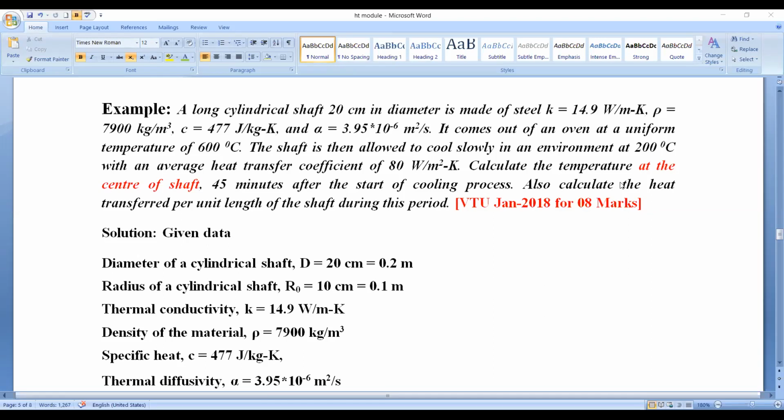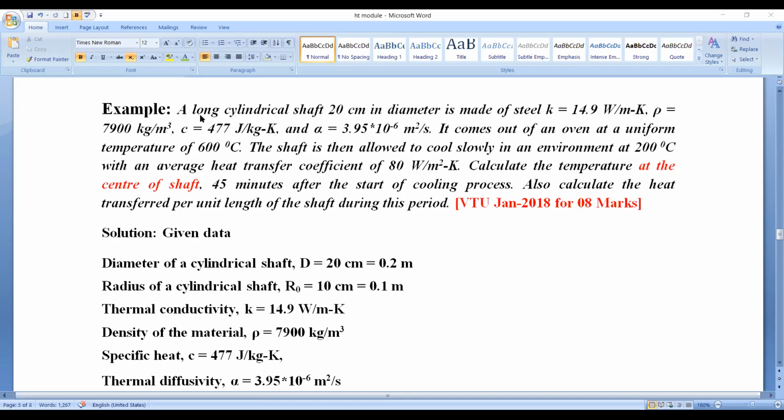So today we'll solve one more numerical on an infinitely long cylindrical shaft or cylindrical member. This was asked in the year 2018 for 8 marks. These problems are very important from your examination point of view.